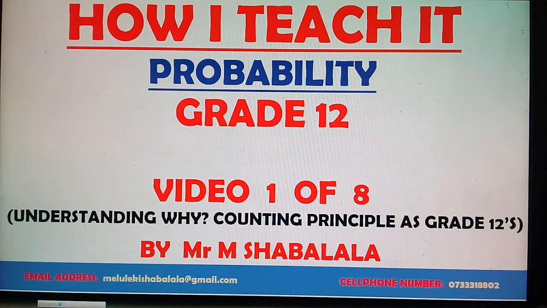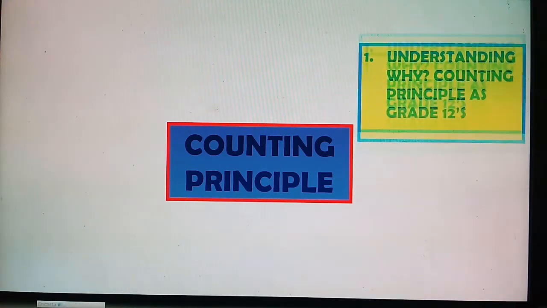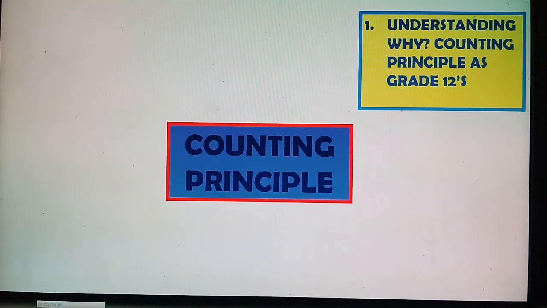First of all, let me unpack the concepts of counting principle for Grade 12. We need to understand why we have counting principle as a topic in Grade 12.